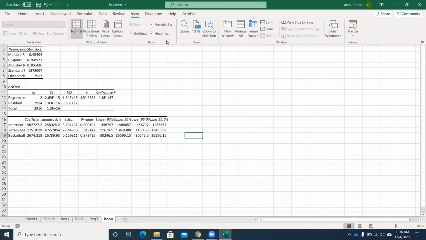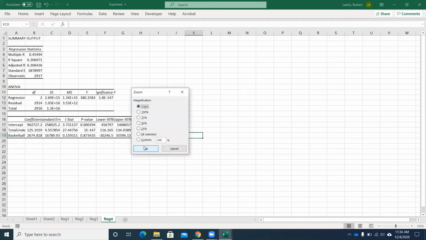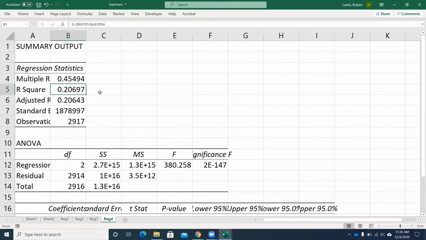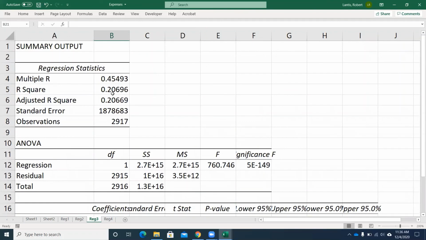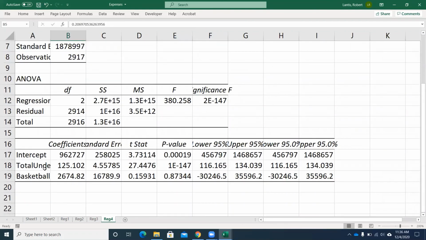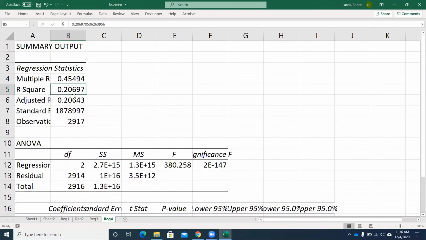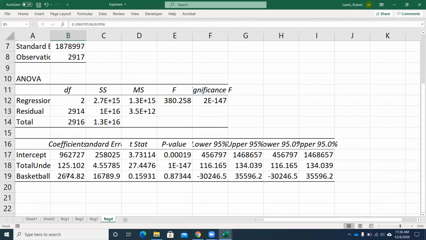Now notice, my R squared is 0.20697. Before it was 0.20696. What that tells us is that when we added in this additional variable, it didn't really explain hardly anything about the variation in basketball team expenses. And that makes sense because when we look at the p-value of 0.87, we can't reject the null.